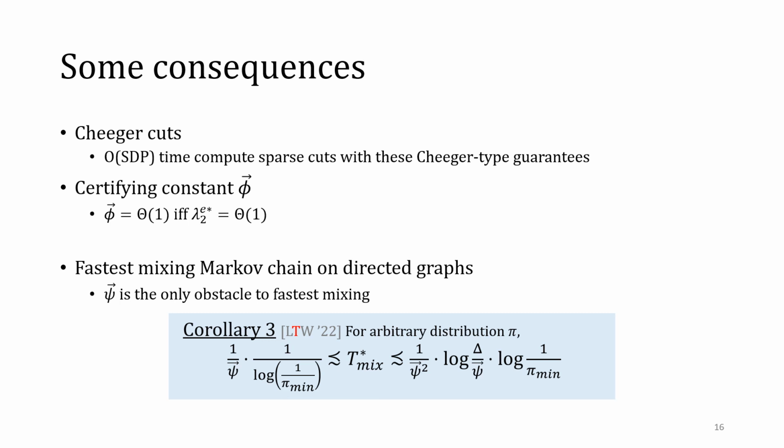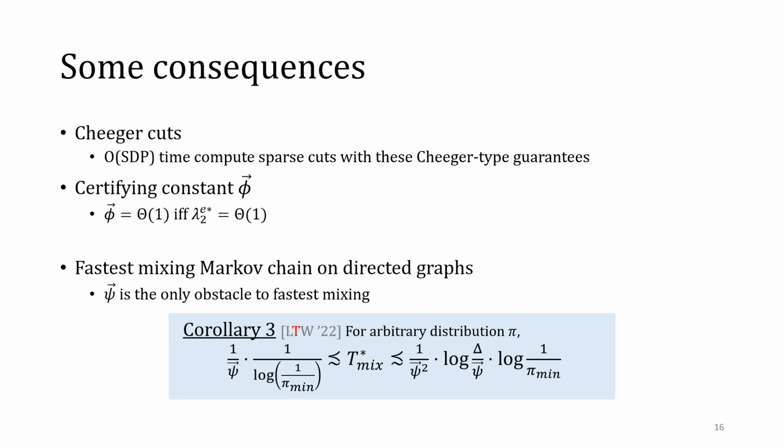The second consequence is that you can certify constant directed edge conductance using lambda 2 E star. From the Cheeger inequality presented, you can note that phi is constant if and only if lambda 2 E star is constant. So it's very nice.